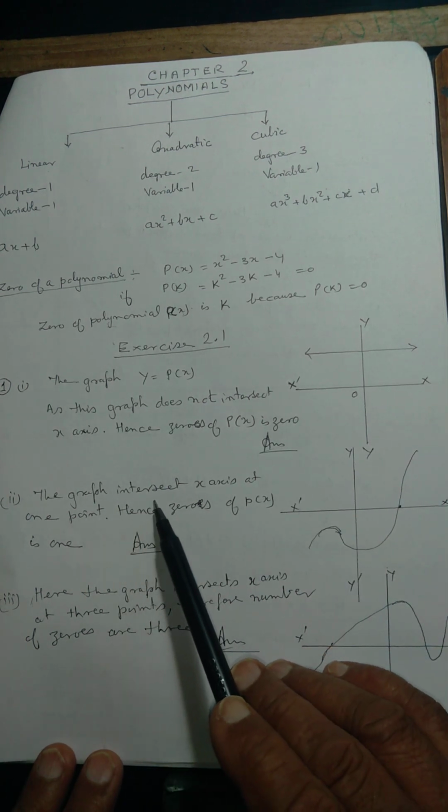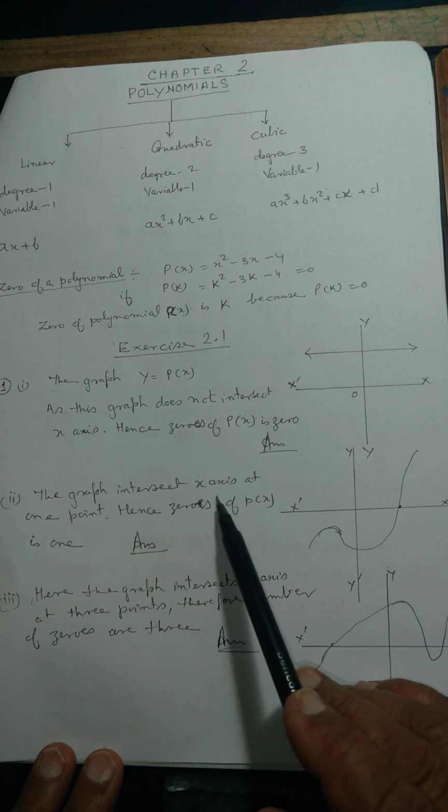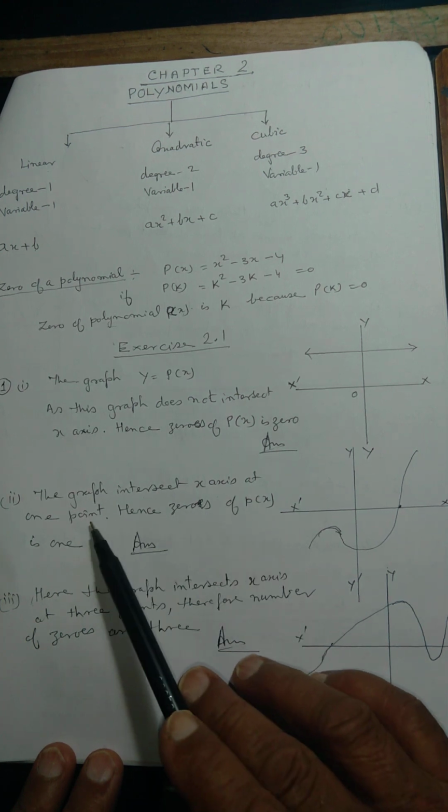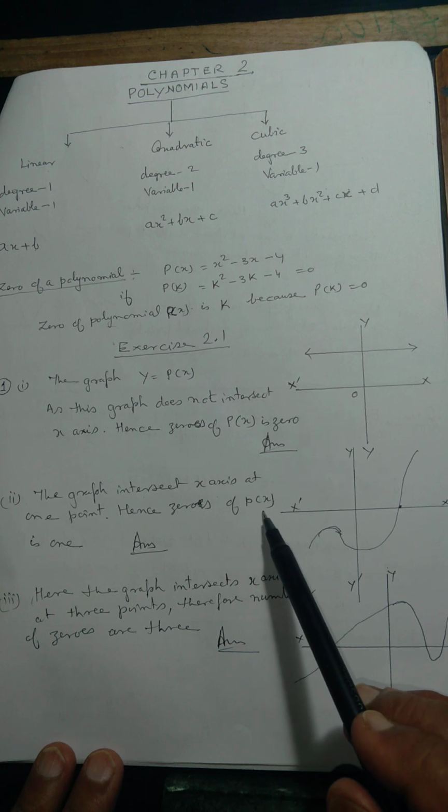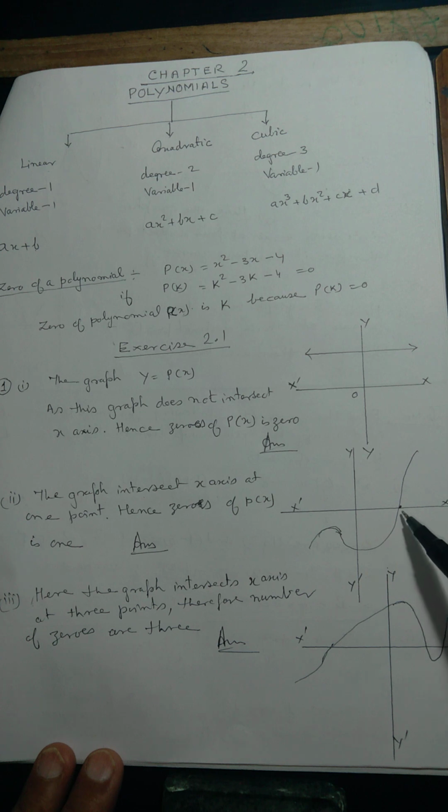For the second part, the graph intersects x-axis at one point, hence the zero of polynomial p(x) is 1, as you see the graph intersects the x-axis at one point only.